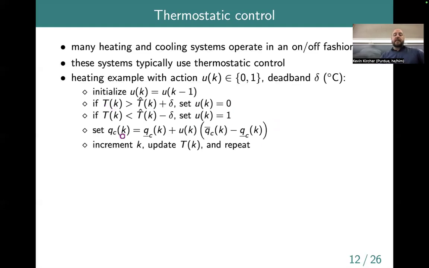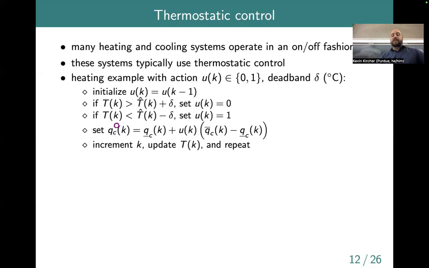Okay, and then what do we do? Well, how do we translate into a simulation platform? So we would want to define the heat supply QC here. That would be the minimum plus U times the difference between the min and the max. Usually, really almost always, this minimum would be 0.